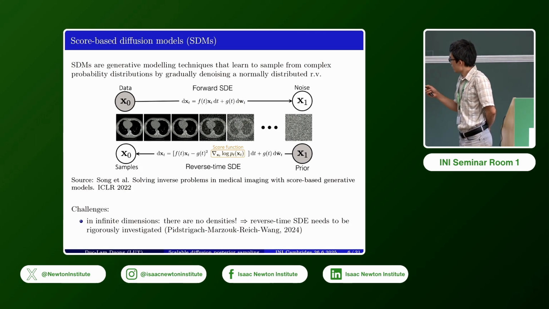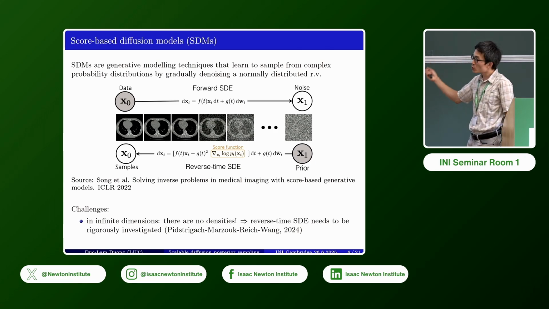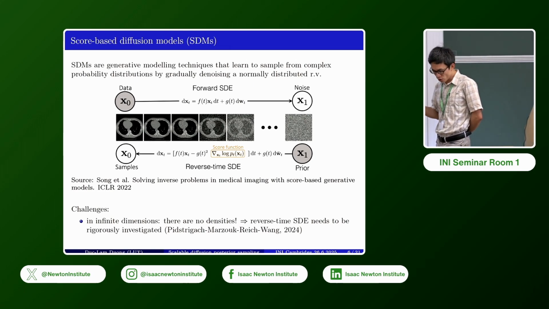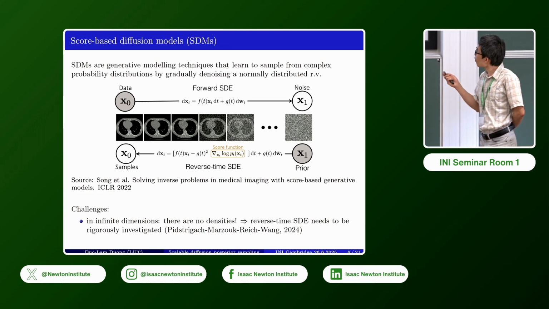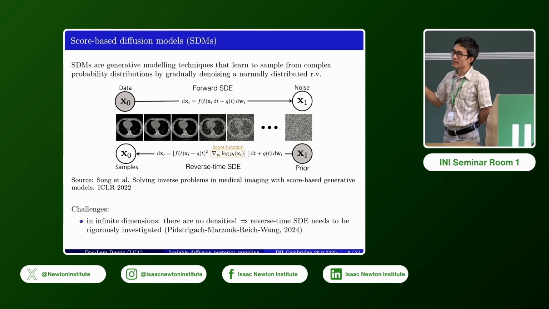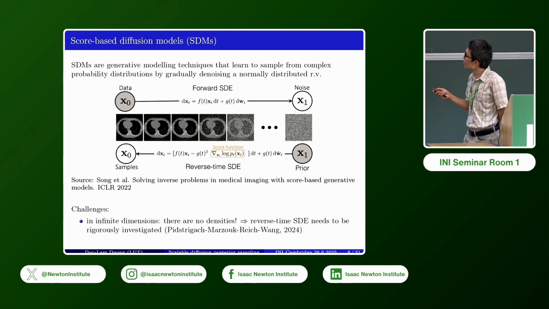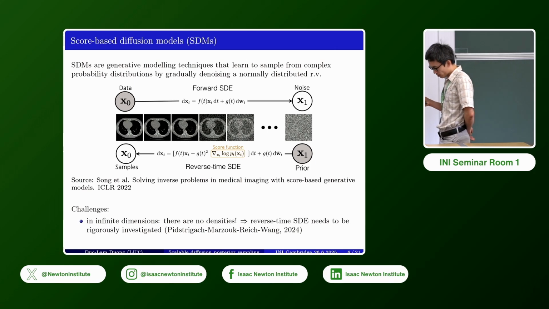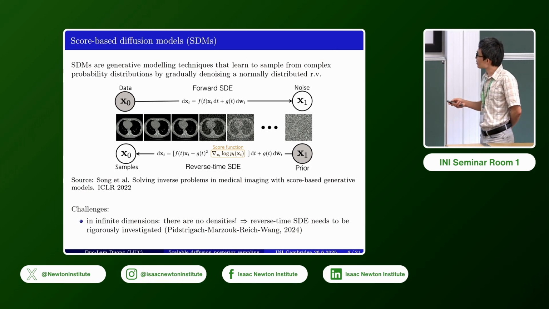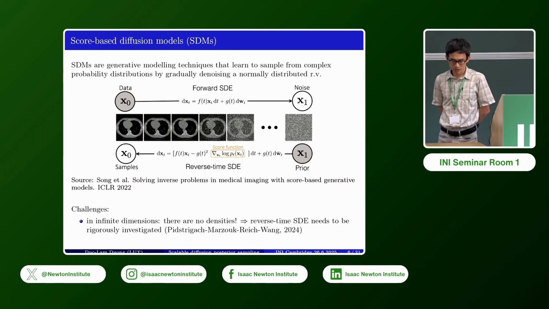This picture is taken from the paper of Song et al. Usually we have two processes involved in this diffusion model: the forward process, which is usually easy, and then the backward or time reversal process, which usually causes trouble.